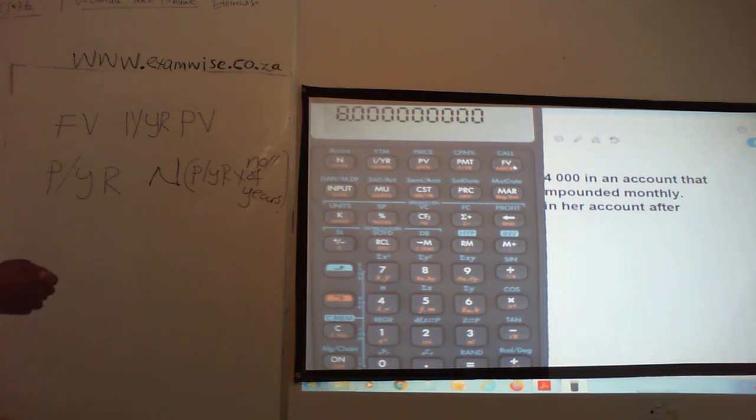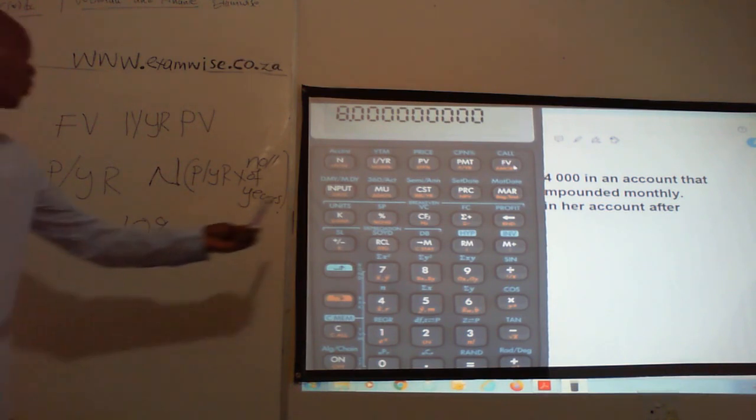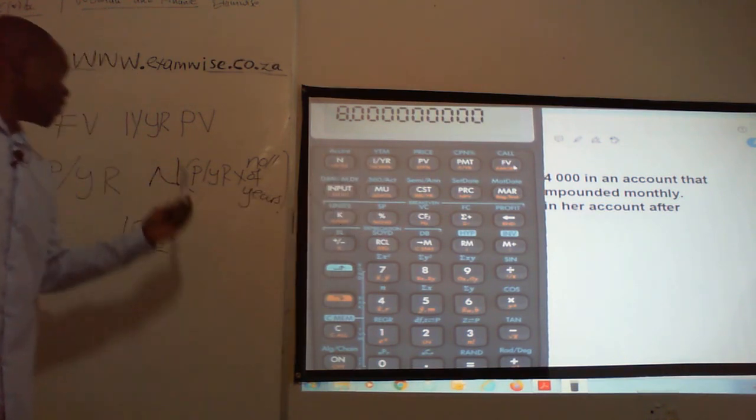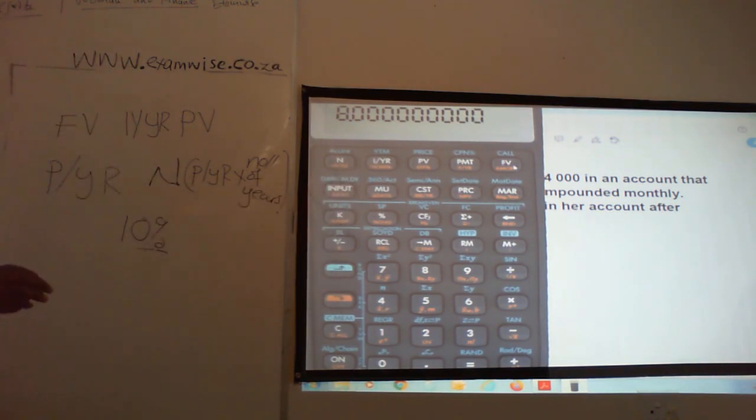For example, if we are given 10%, when we are punching in 1 over yr into the financial calculator, we simply enter 10 without a percentage. We don't convert it to a decimal, but we enter it as it is. So here we have 1 over yr, which is our interest rate.